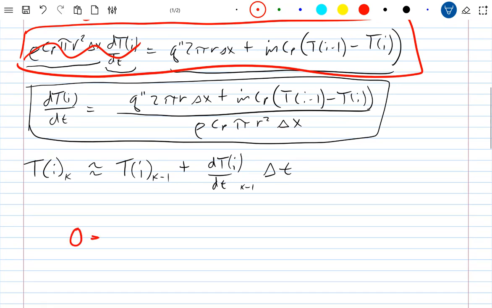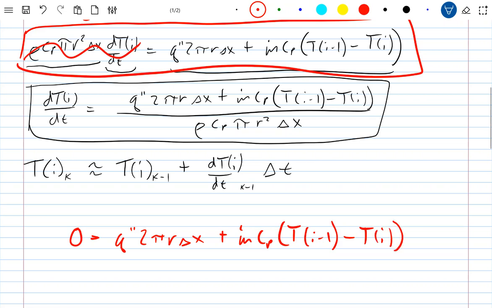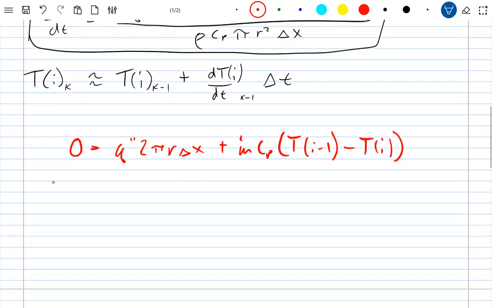0 is equal to q double prime times 2 pi r delta x plus m dot Cp times (Ti minus 1 minus Ti). So here what we can do is divide everything by delta x.